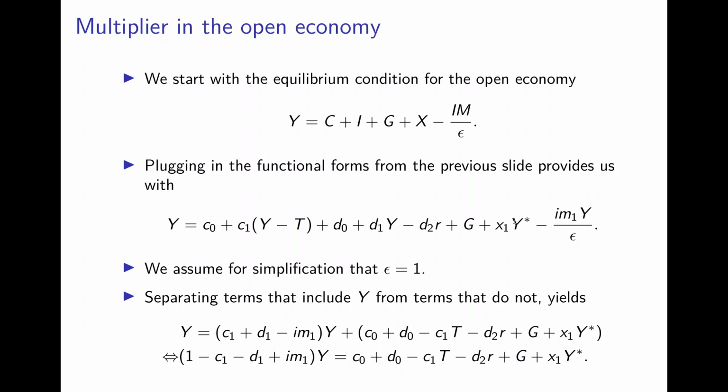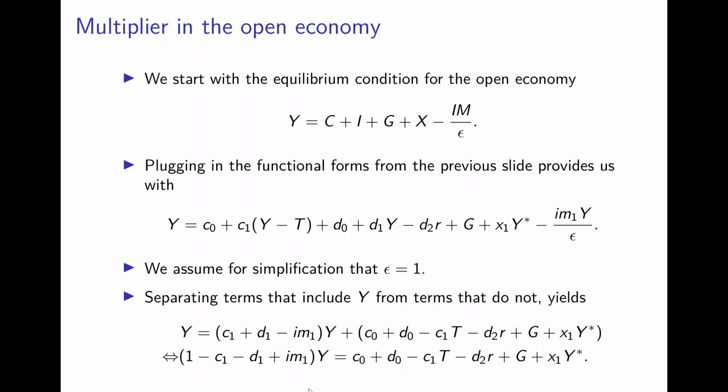They include foreign income here, but that's not of interest to us at the moment. Then we bring the term that includes domestic income to the left-hand side and isolate Y. So we have here 1. So if we bring this to the left-hand side, we get 1 minus C1 minus D1 plus IM1 times income, and this is equal to the right-hand side.